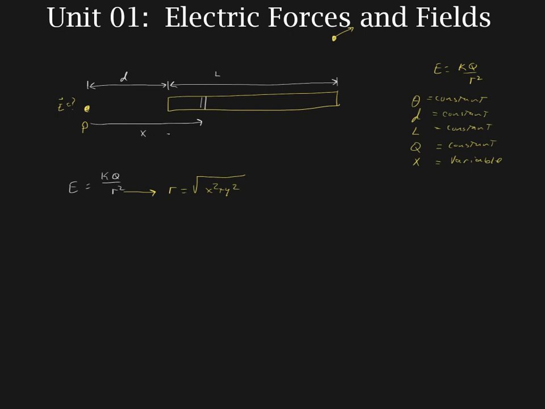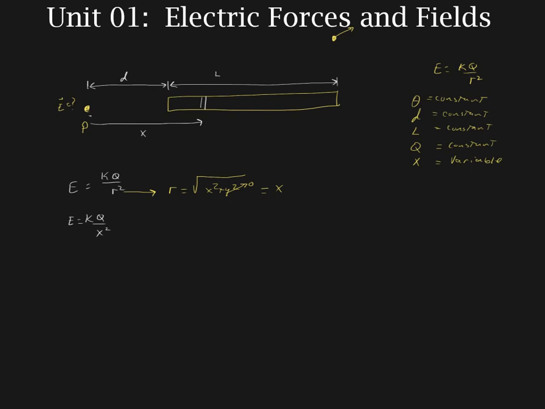And because we don't have anything going on in the y dimension, this goes to 0, and the square root of x squared is just x. Now, this x squared is our variable, so when we get to the calculus part, this is what we need to make sure we're integrating with respect to.